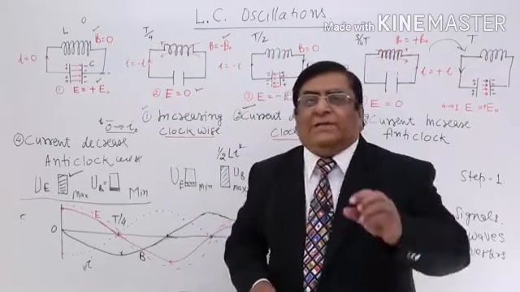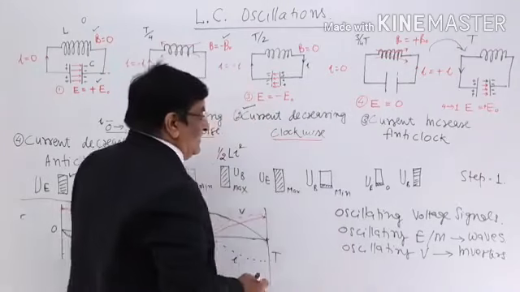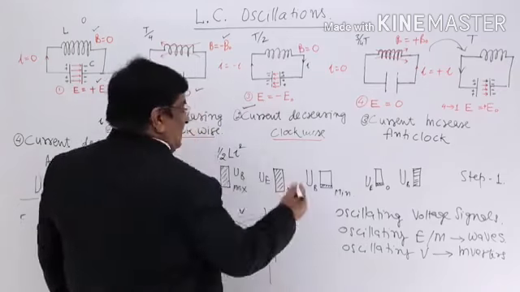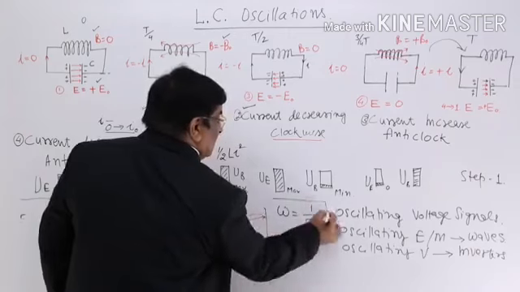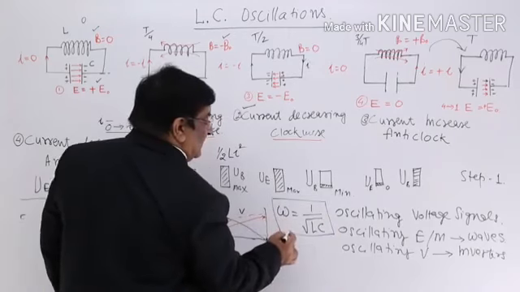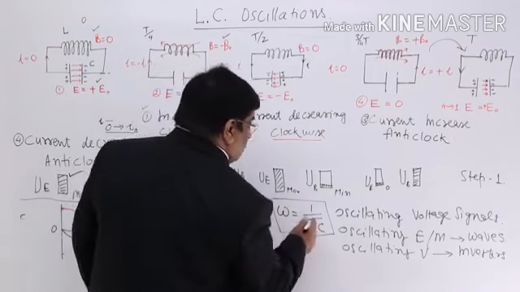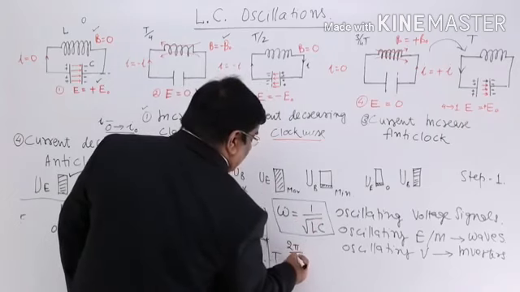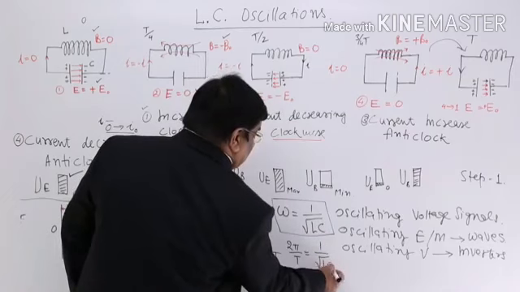So what is the time period or frequency of oscillations? The answer: omega, the angular frequency, is 1 upon root LC. With this, if we write omega is equal to 2 pi upon T, then what is T equal to? 2 pi upon T is equal to 1 upon root LC.